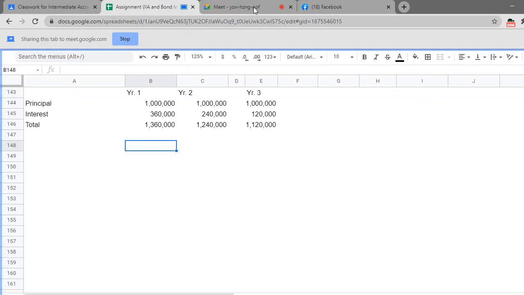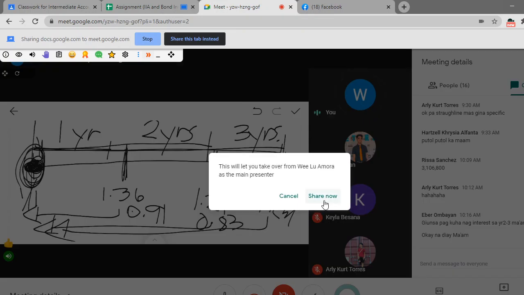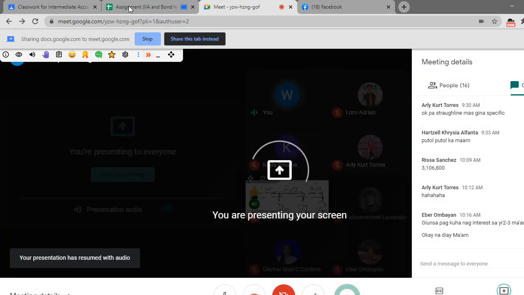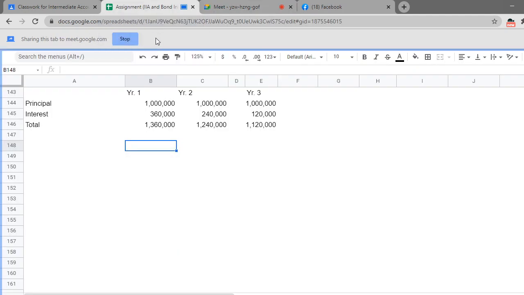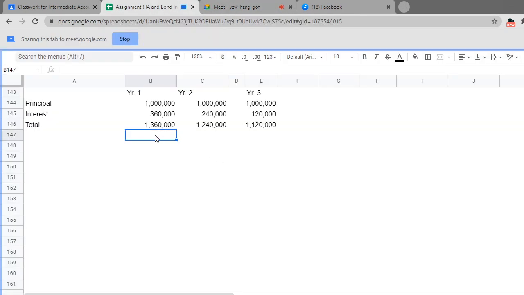So, balikan natin ang ating formula. We have here the market price. Okay na ba? Ayan. So, for year 1, we use 0.91. For year 2, we use 0.83. At saka, hindi na siya nag-receive ng decimals. That's 0.75.